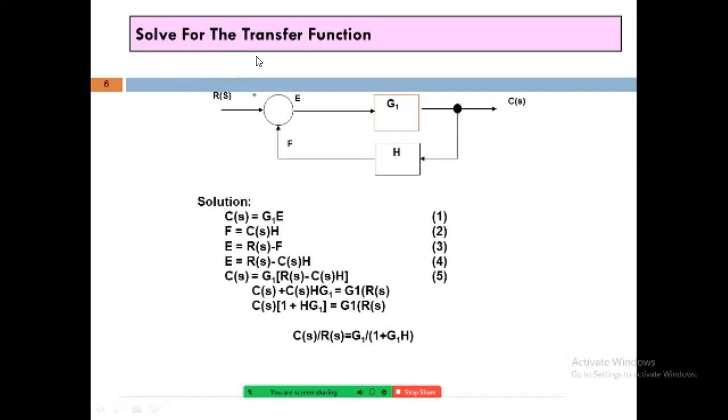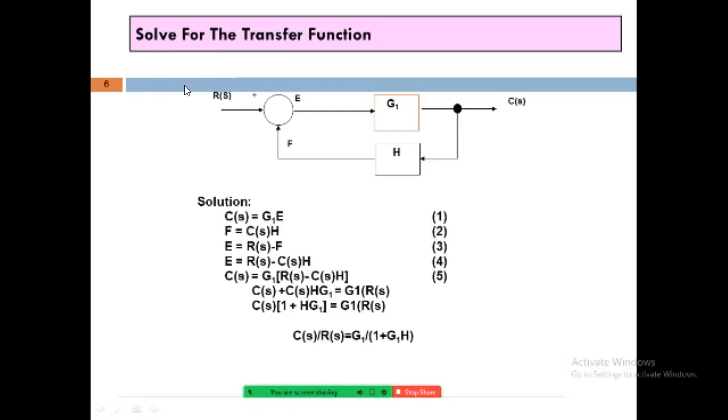Let us start with C(S). How will this C(S) be obtained? It is obtained by using this block G1, and the input to this block G1 is E. So C(S) will be in series, and therefore C(S) equals G1 into E as per this diagram.